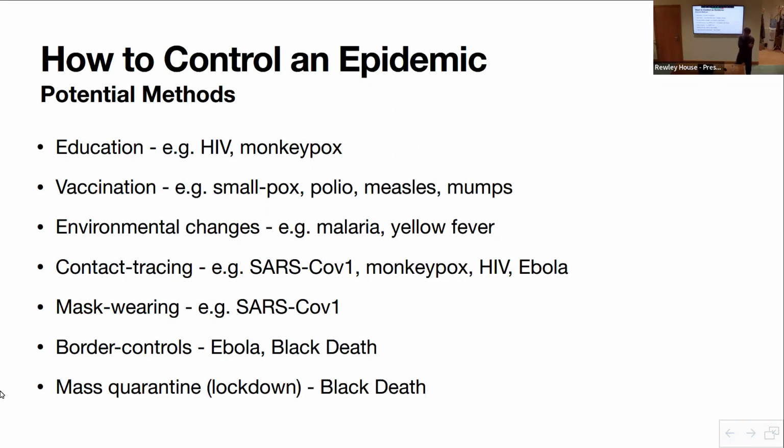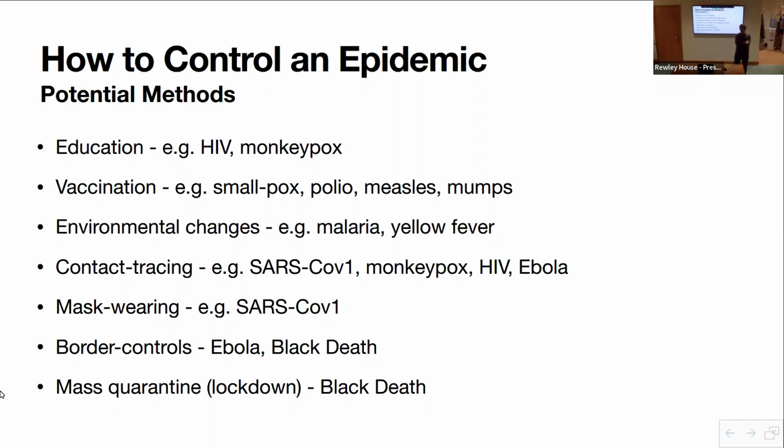But one way it was controlled was that a lot of people started wearing masks, and it became part of the culture in many Asian countries to wear masks to prevent respiratory diseases from being spread. So that was very important for the original SARS, but I think it's also been very important for SARS-CoV-2 as well.